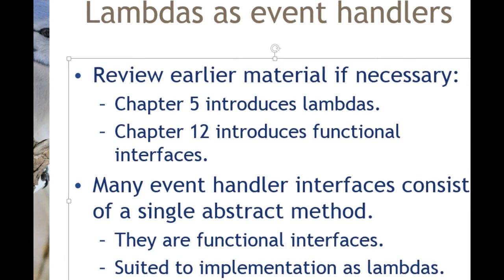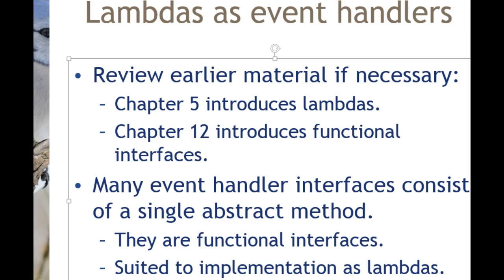Well, let's see the lambda expression as event handler. This material is where the lambda expression, we talked about it in chapter 8 and also chapter 12. We talked about the interfaces.